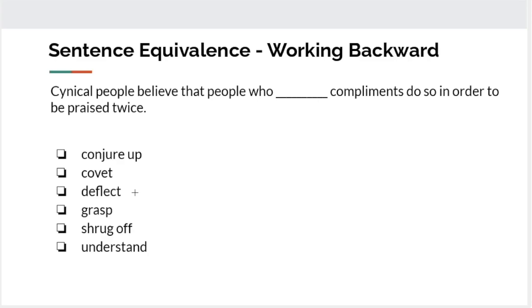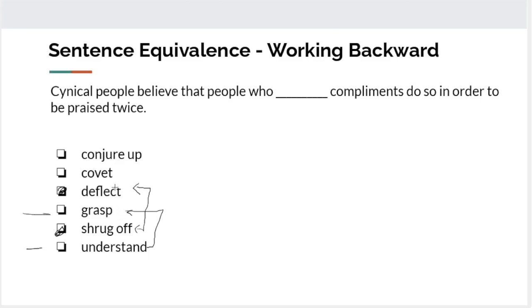Deflect. Well, deflect could mean to fend off like an attacker or perhaps a compliment. To grasp is to grab onto something or potentially to understand something. So out of the corner of our eye, we see grasp and understand, and we might say, those could be synonyms. Shrug off and deflect, those could be synonyms. So what we have here is two pairs of words and two individual words. So again, for whatever reason, if we just could not understand the sentence at all, we would either want to check this one and this one, or this one and this one.